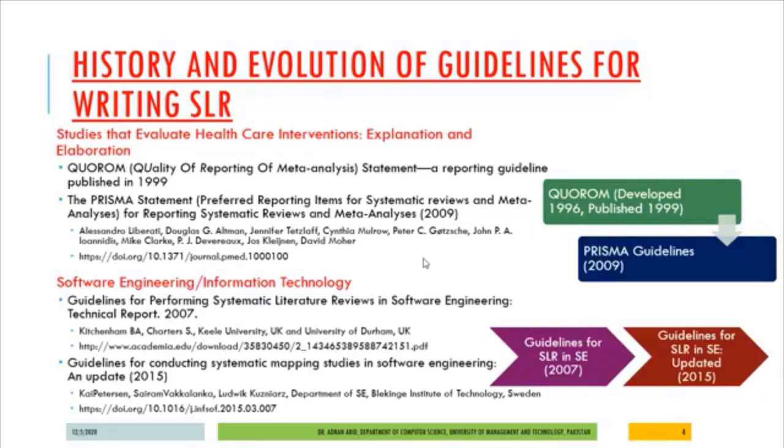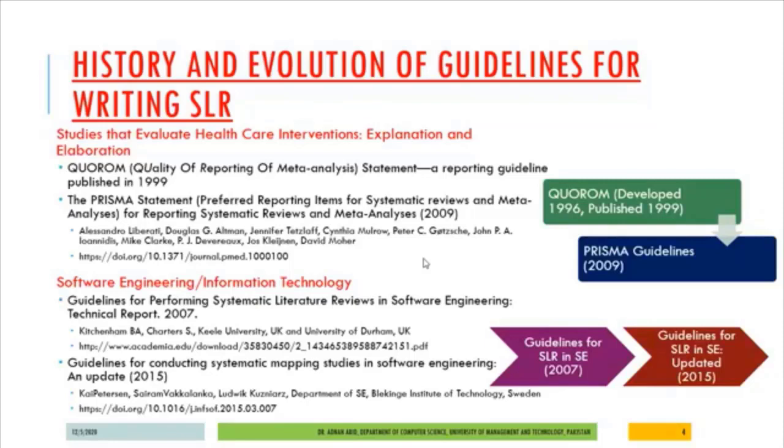These guidelines were then subsequently updated, and the updates were named the PRISMA statement, which is an acronym of Preferred Reporting Items for Systematic Reviews and Meta-Analyses. Obviously, after more or less 10 years, there was a need to revise the guidelines, so these guidelines were revised for the medical sciences domain.